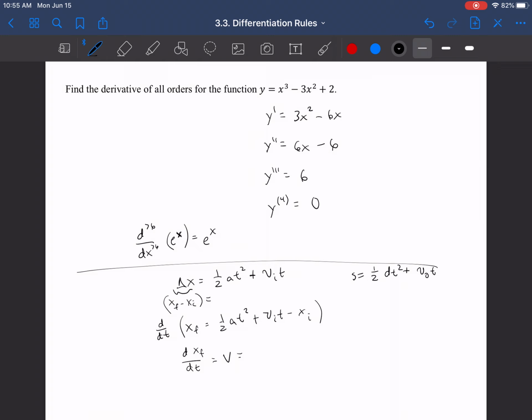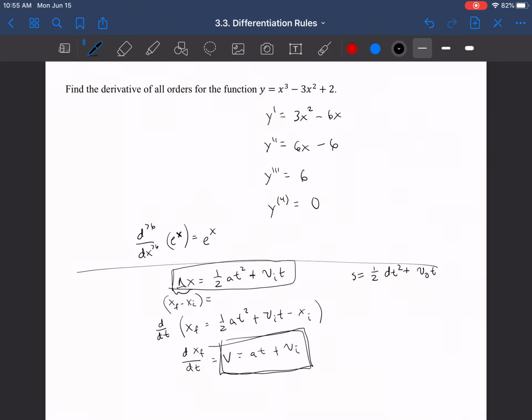So the derivative of t squared is 2t, and 2 times a half is 1, so it's at, plus derivative of t is just 1 plus vi. And you should recognize this. This would be one of the kinematics given to you. This one down here is the second kinematic given to you.